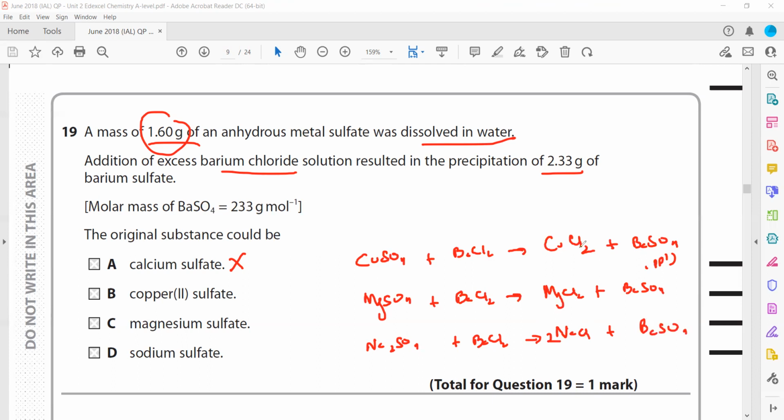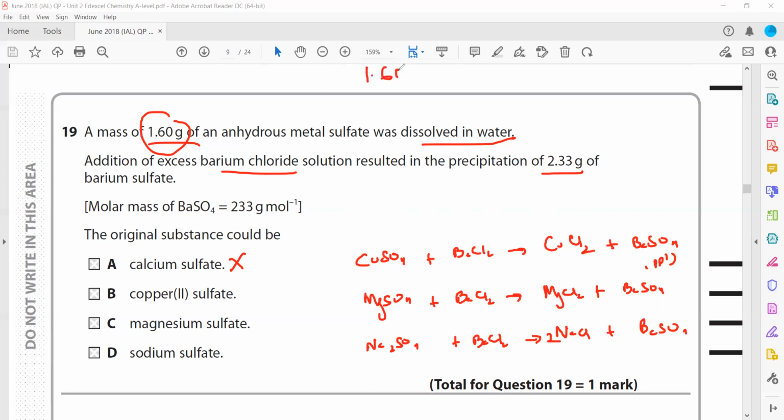Okay. Now the equation must be balanced, so the equation is balanced. If this anhydrous sulfate, 1.6 grams, was copper sulfate, what is the mass of a mole of copper sulfate, CuSO4?